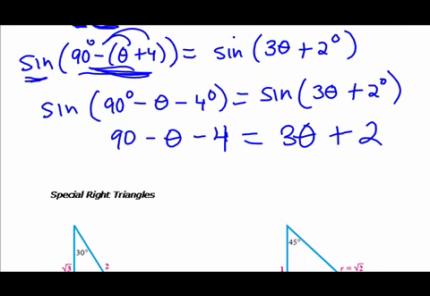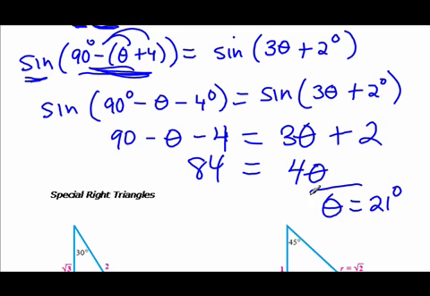So we'll solve this equation. I'm going to add theta to both sides, giving me 4 theta on the right. 90 minus 4 is 86, and I'm going to subtract 2 more off of that, giving me 84. So theta is 21. There's the value that makes that a true statement.